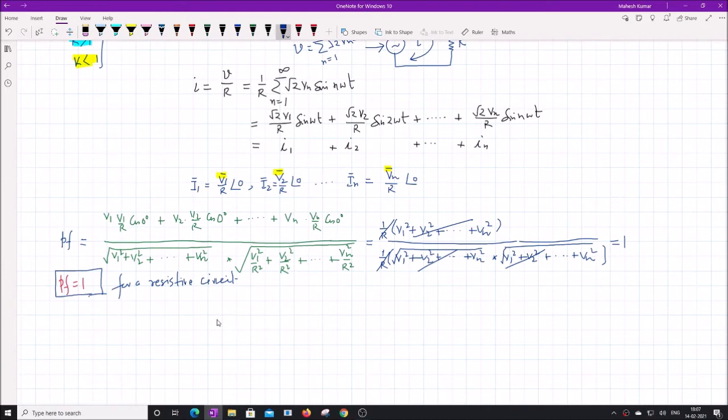So even if there are harmonics, the power factor remains unity. This is because each harmonic component of the current is in phase and is linearly transformed by the 1/r factor. So current waveforms are collinear with the voltages, and hence the power factor is unity.